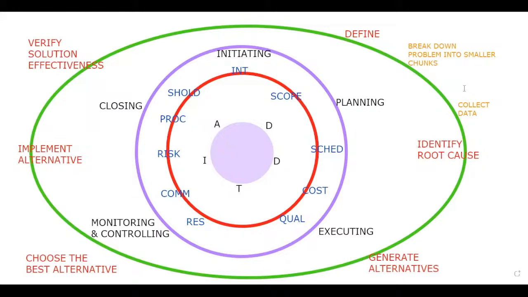And then just remember, you're always going to be told, what do you do next? And to know what you do next, you need to understand, I have a problem. It's a schedule-related problem. It's in planning, or I have a schedule-related problem. It's in monitoring and controlling, and it pertains to the implement stage.